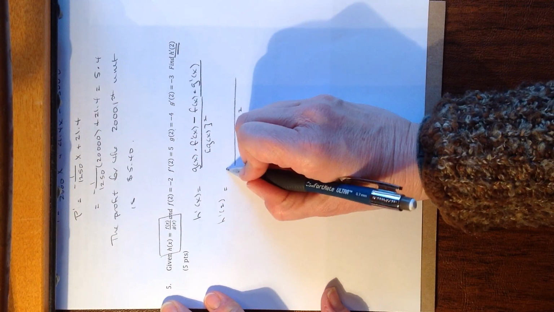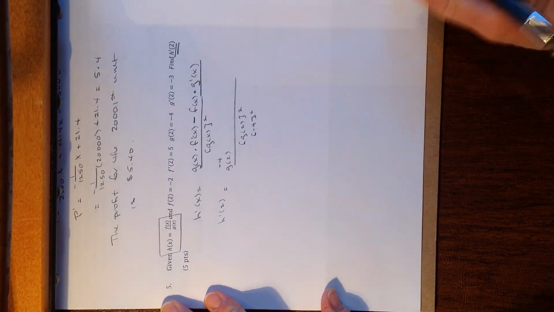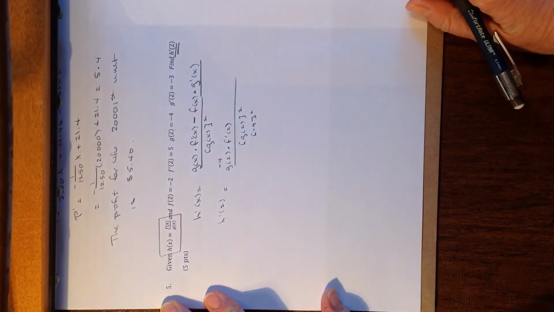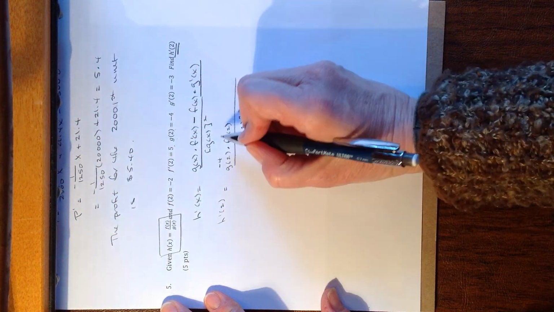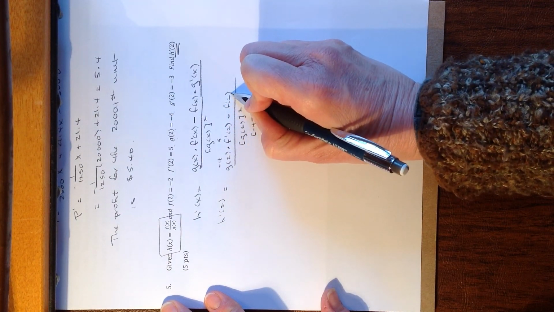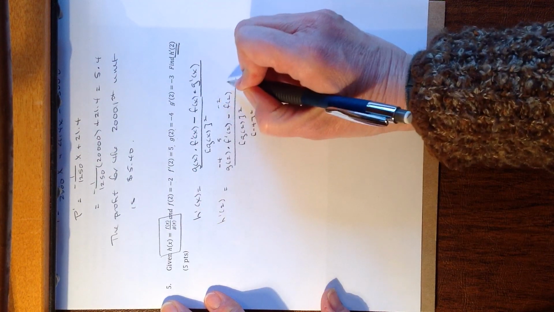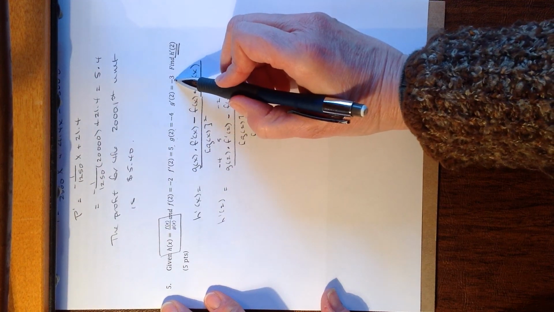Then I need g of 2 up here, so that's negative 4. I want to multiply on f prime of 2 here, which is 5, minus f of 2, which is negative 2, times g prime of 2, which is negative 3.